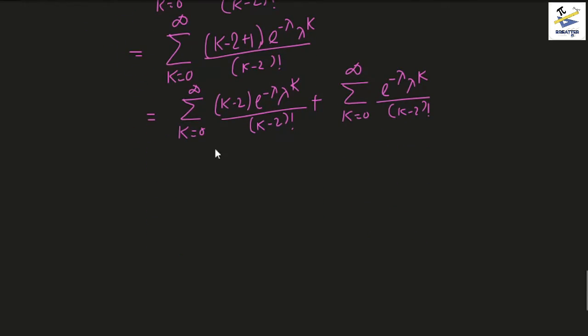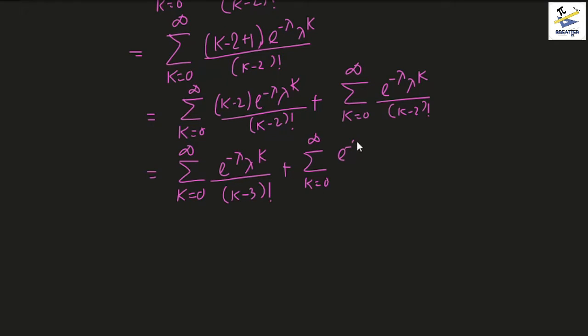So again, cancelling the k minus 2, what we get is this: (k minus 2) factorial.